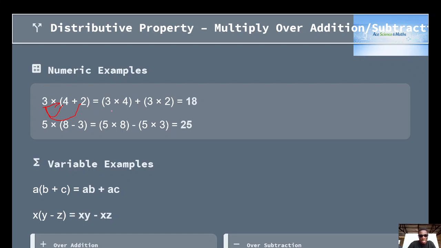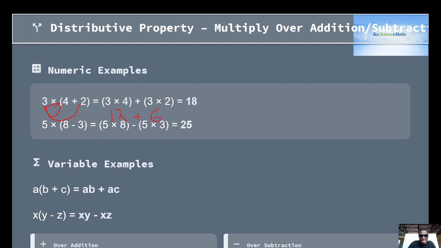That is how come we have 3 times 4 plus 3 times 2. So always the sign that is in between the two numbers in the bracket, especially addition and subtraction, is the sign that connects the two products together. So 3 times 4, we have 12, then plus 3 times 2, we have 6.